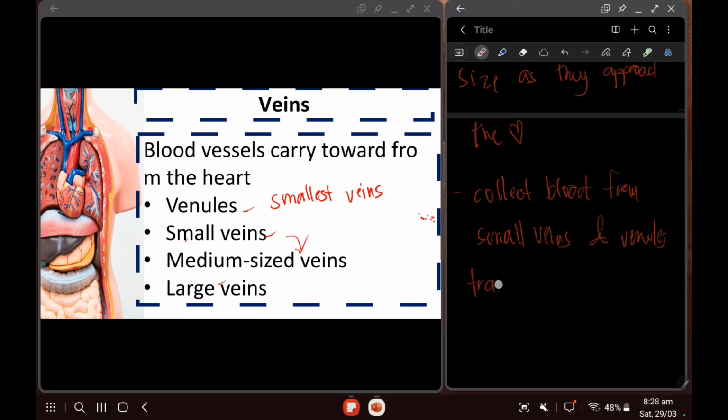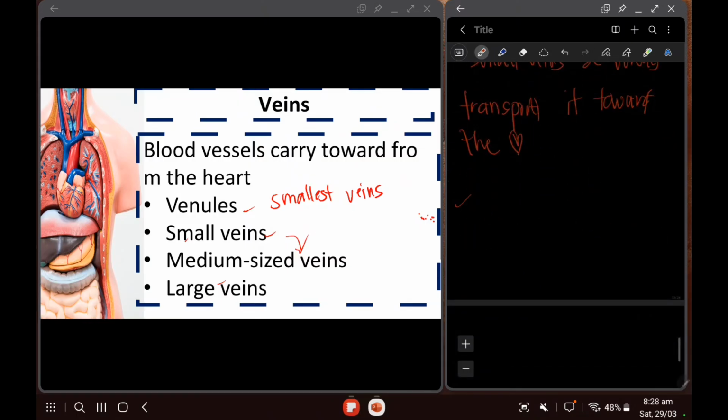Tapos, tinatransport niya to toward the heart. So, si medium-sized vein, katulad siya ni small veins, meron din siyang valve. Yung valve naman na yon is sinesecure niya yung blood flow is nasa tamang direksyon.